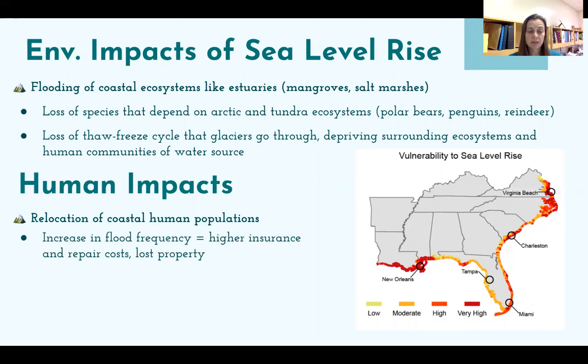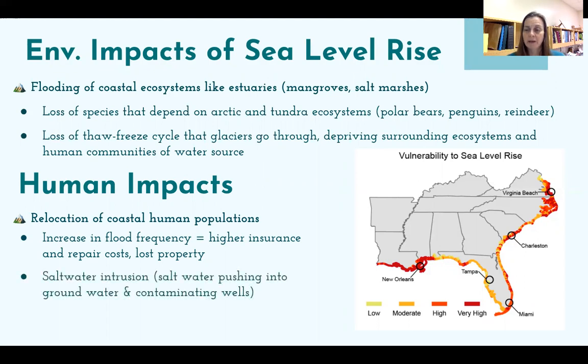We're going to have an increase in the frequency of flooding, which results in higher insurance and repair costs. It results in lost property, and it can cause a decrease in property values as well. And then, as we talked about when we talked about water, there's also the issue of saltwater intrusion, which is where saltwater infiltrates into the aquifers and contaminates our groundwater and our wells.